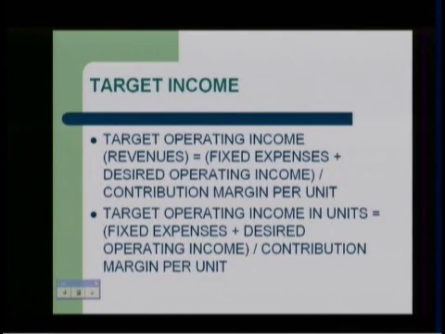Or if you want to know how many units you had to sell in order to receive a certain amount of profit, you would take your fixed expenses plus your desired operating income and divide it by your contribution margin per unit in dollars. So these are interesting things that you can do using the same basic idea of break even, but incorporating in it an idea that you want to achieve a certain amount of target income.